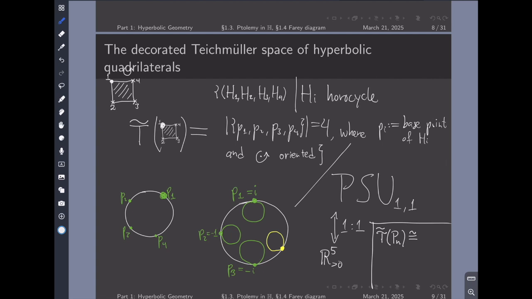I think it's 2n minus 3. So it's going to be 2n minus 3. It's isomorphic to R_{>0}^{2n-3}.